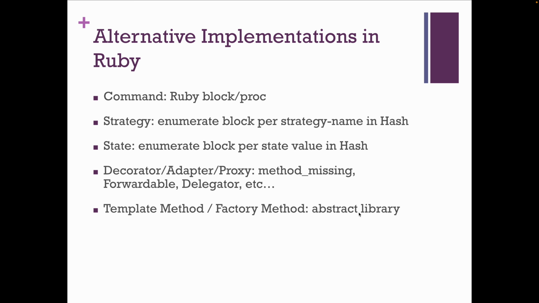But if you want to do the Java way, you would use the abstract library and you would designate a method as abstract, and that makes Ruby do almost the same thing as raise not implemented automatically, though, without you writing that code. The abstract factory can use that library as well, or raise errors for methods that need implementation.